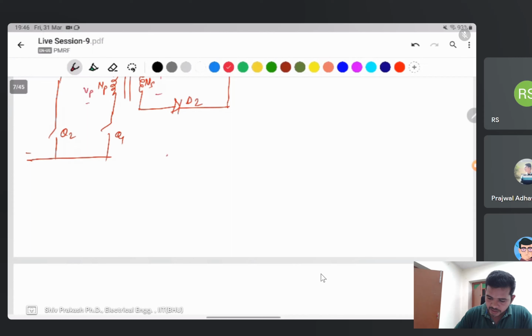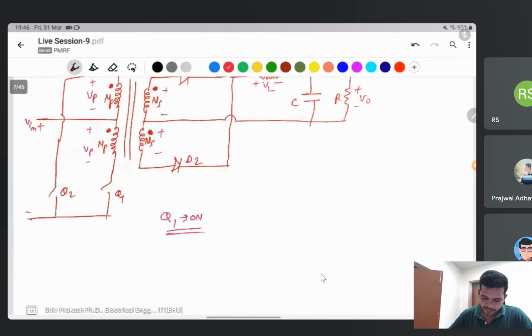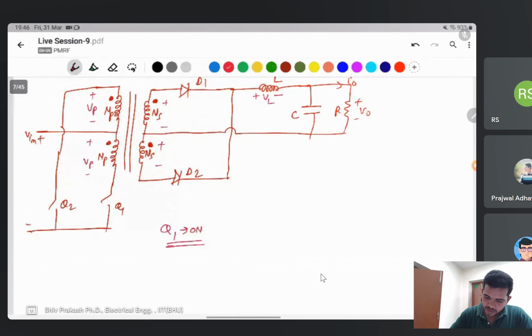First I take Q1 as on. Then what will happen? This one is on, this one is off. It means current does not flow here, current flows like that.